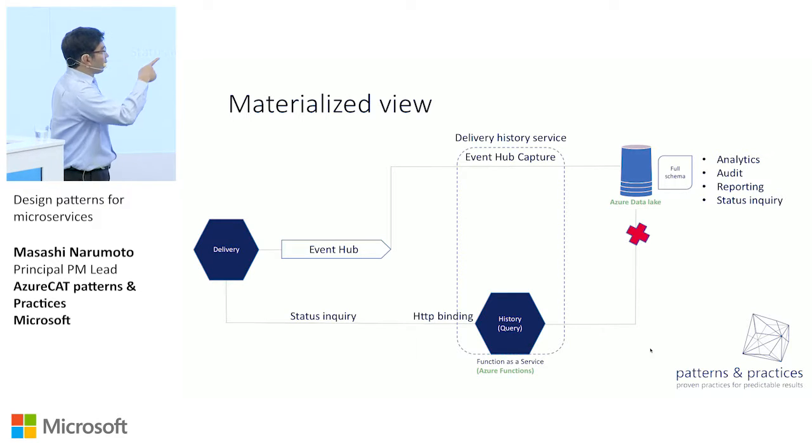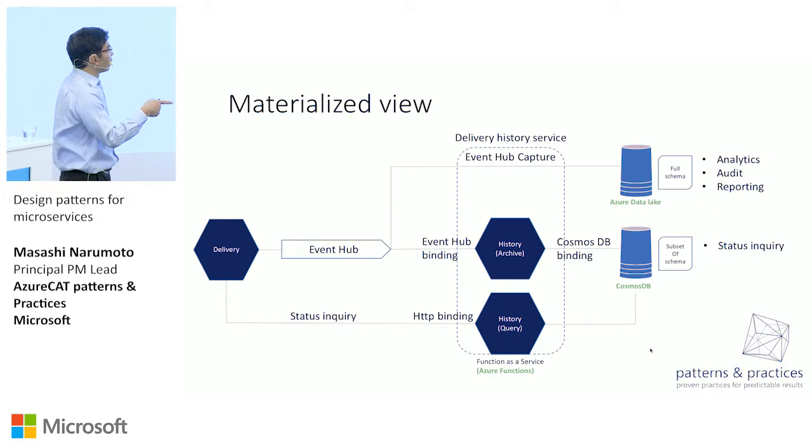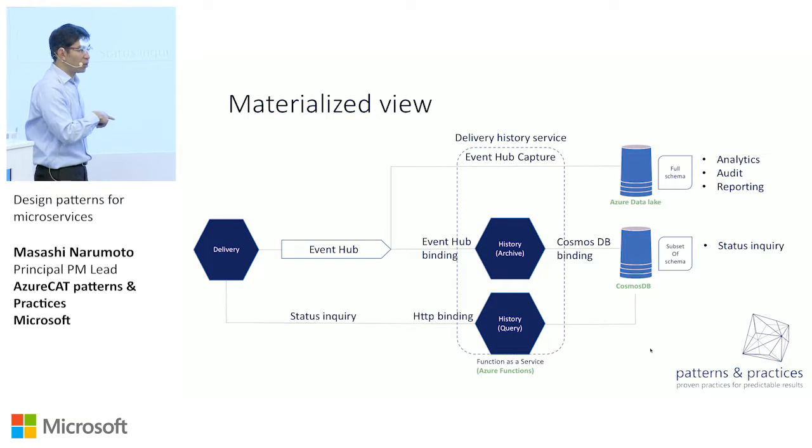So instead of letting the data lake do everything, now we have another store, Cosmos database, to save the subset of the events, just the required information for the status inquiry use case.